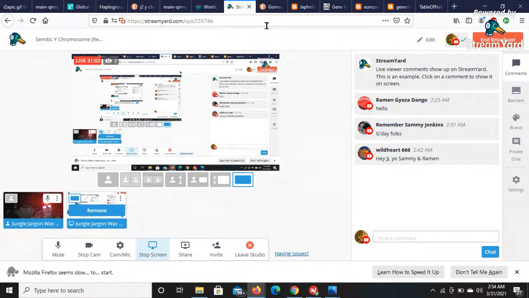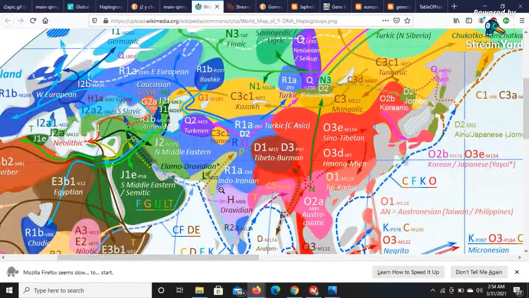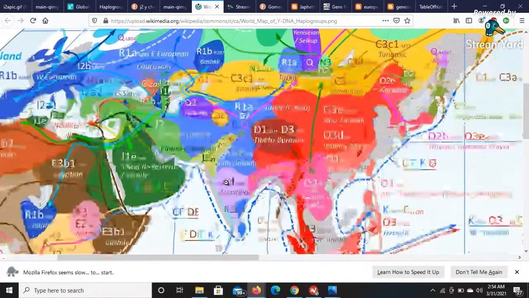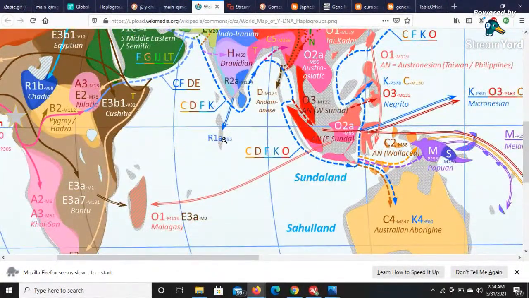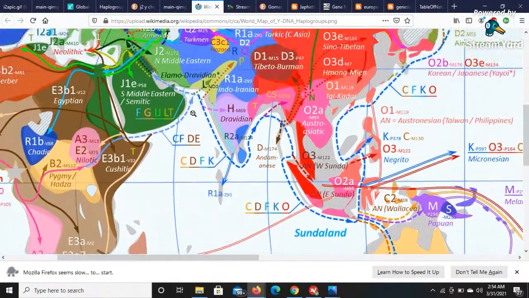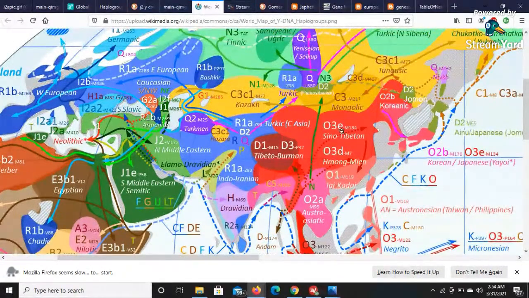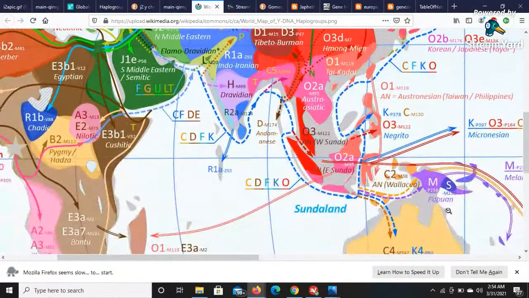Other than looking at this, we got, what is it? The L, M, N, O, P, and Q. Where's the P?